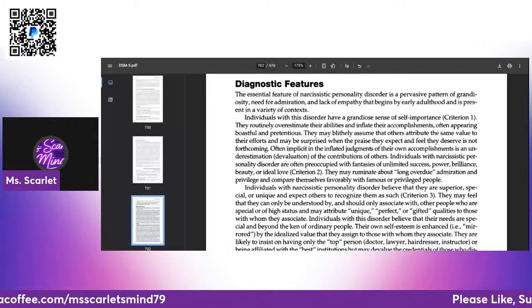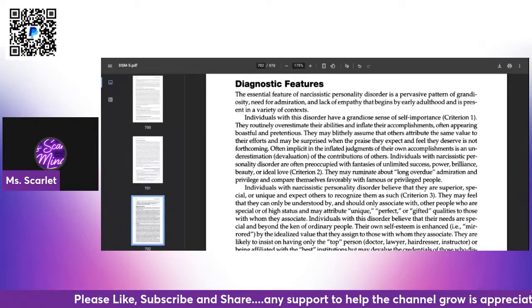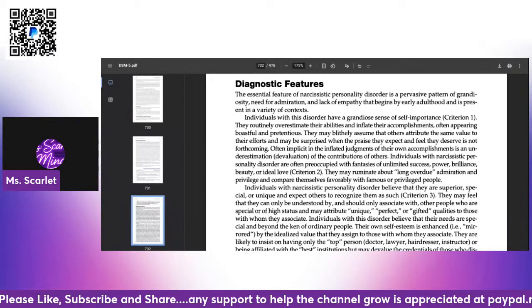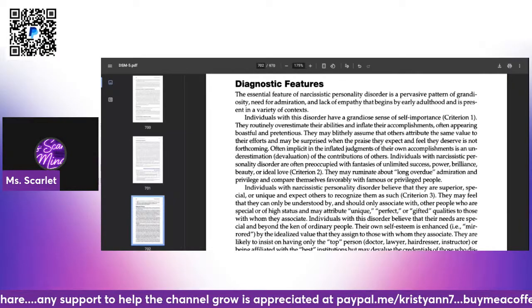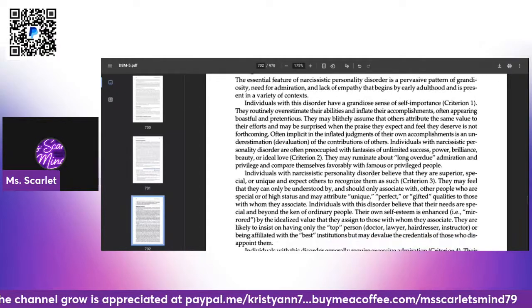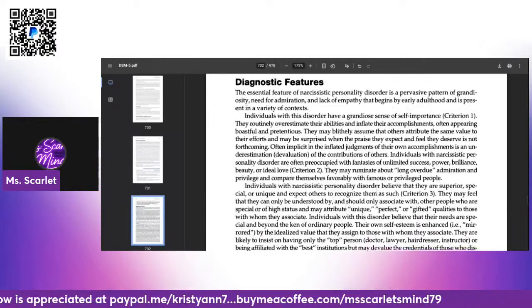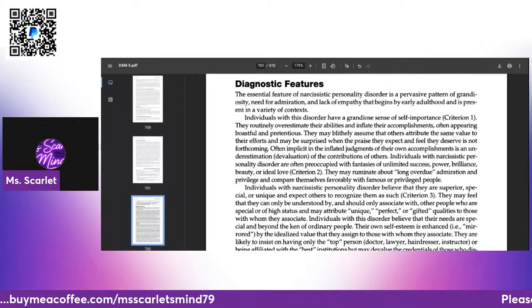And this one in particular starts in late teens, early adulthood. The diagnostic features explain it the best way, and I'm going to read this portion of it because this is where I think people need to understand the difference between someone who has narcissistic tendencies versus someone who has an actual narcissistic personality disorder.